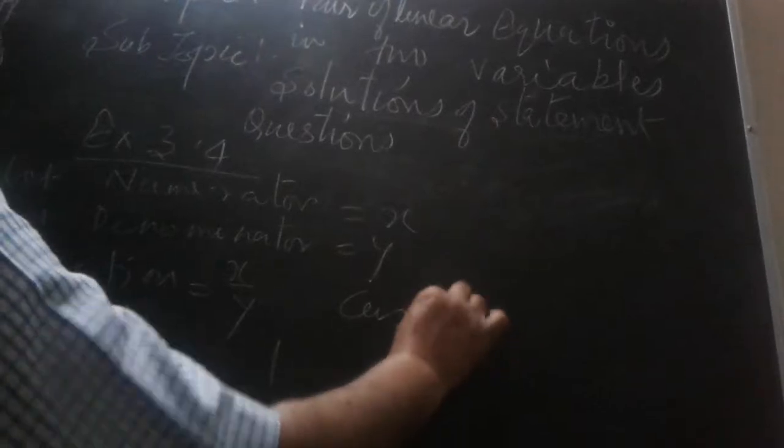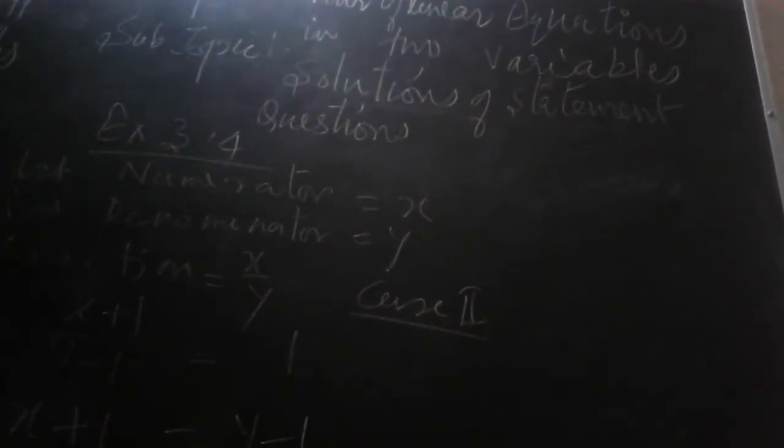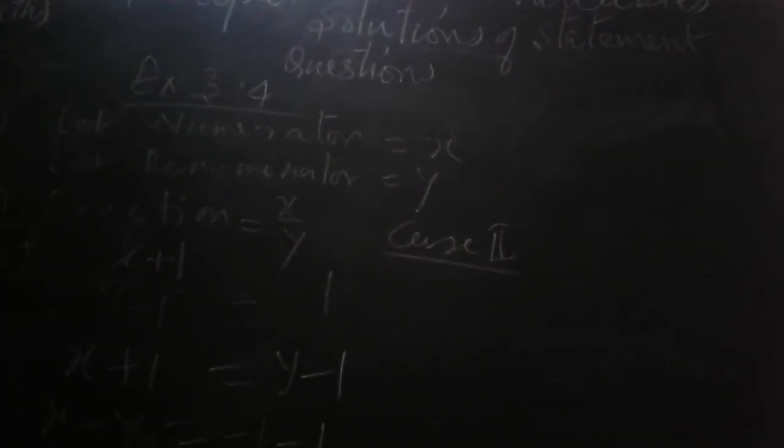Now we read the second case, and we will form the second equation. The fraction becomes 1 upon 2 if we add 1 to the denominator. There is no change in the numerator.